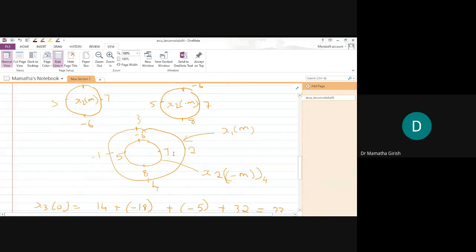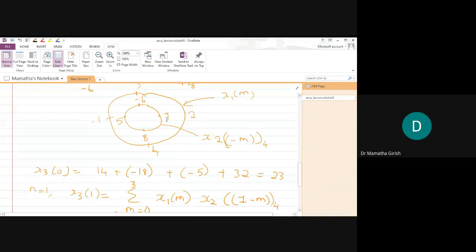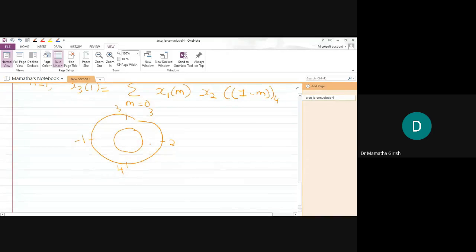It should be 7, so we start from 7 now. This 7 comes over here, minus 6 comes over here, 5 comes over here, and 8 comes over here. Instead of starting 7 from the earlier position, I start it from here, then minus 6, then 5, then 8.